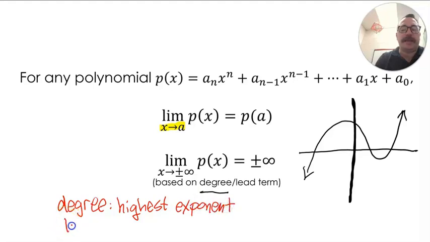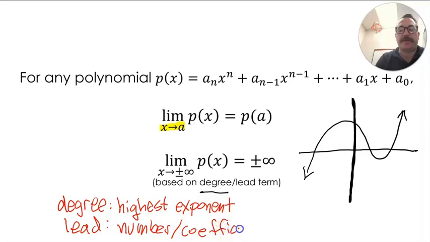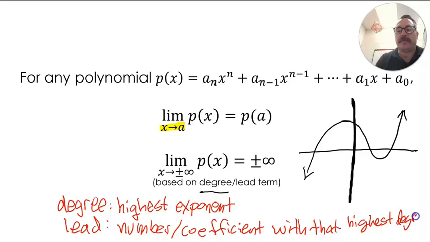And then the lead term is the number, or some people would call it a coefficient, with that high degree term. And we'll see some examples of this here coming up.